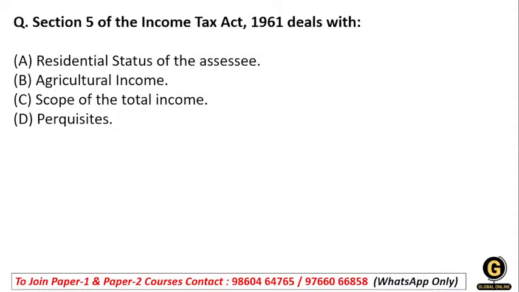Then moving to the next question, that is, section 5 of the Income Tax Act 1961 deals with the residential status of the assessee, agriculture income, scope of total income or perquisite. So section 5 of the Income Tax Act is based on the residential status of an assessee.